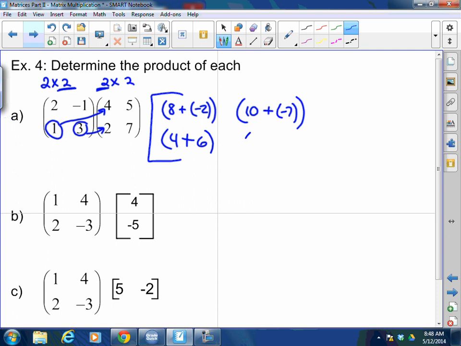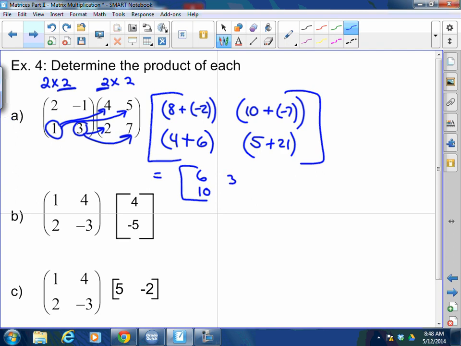And last but not least, that's my third element. Now my fourth element, 1 times 5 plus 3 times 7. And my final answer is 6, 10, 3, 26. Does that make sense, guys?